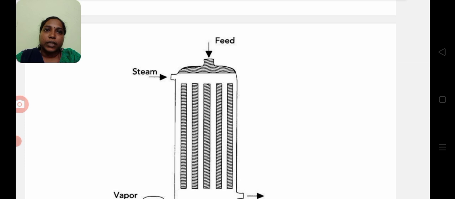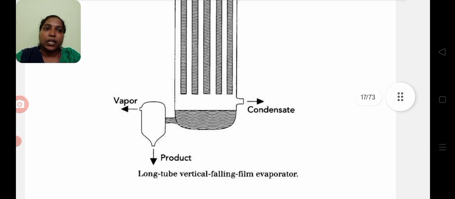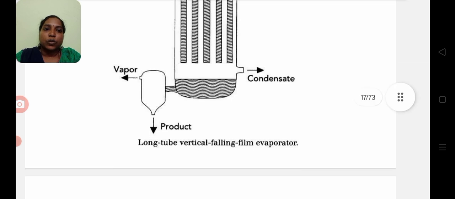Both steam and feed run in the parallel direction, from upward to downward. In the calandria, the heat transfer process occurs, and we get the condensate at the bottom of the equipment, and the vapor collected at the bottom can go for the condensation process.